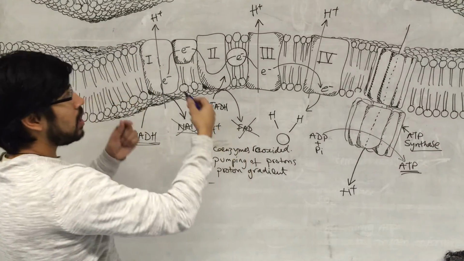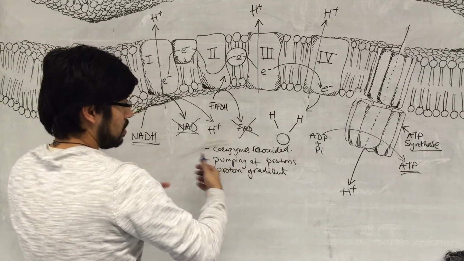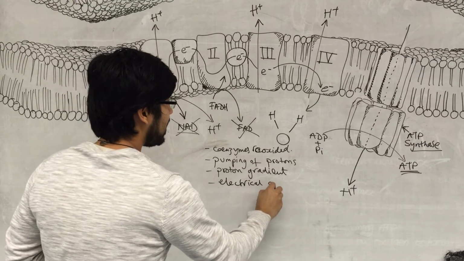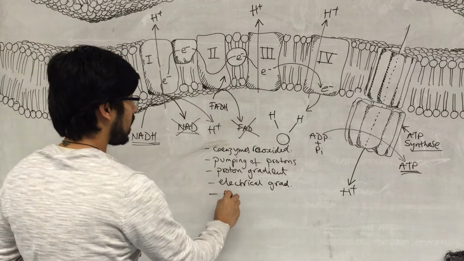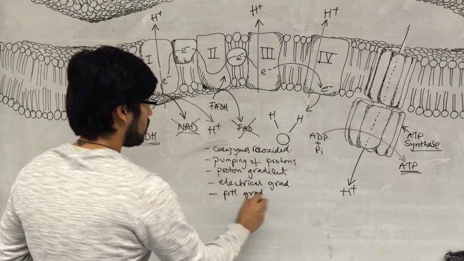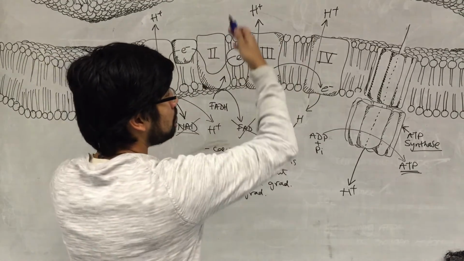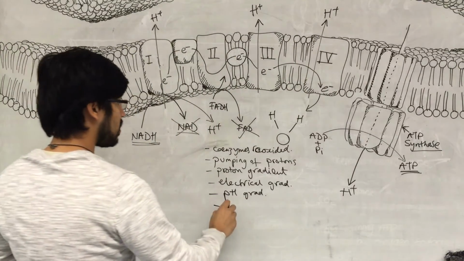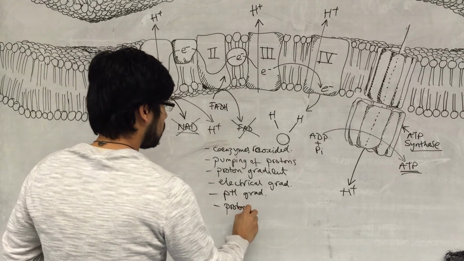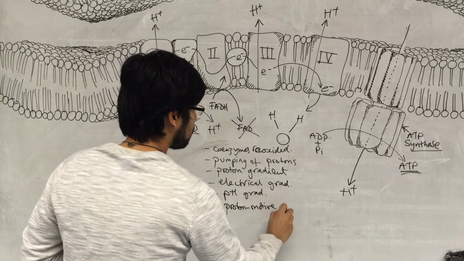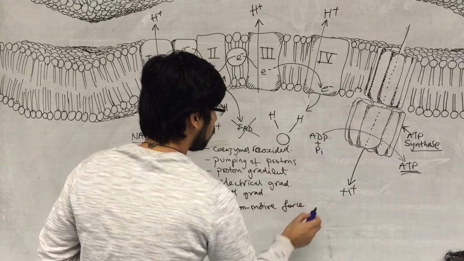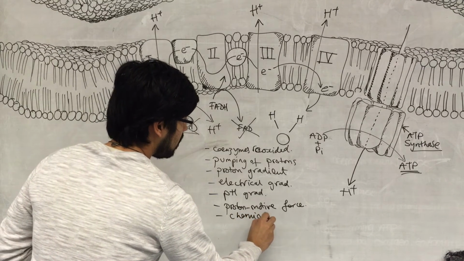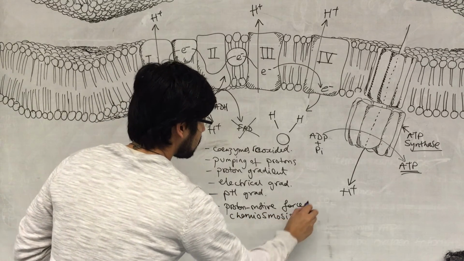Proton gradient, we mentioned that the proton gradient is actually both an electrical gradient as well as a pH gradient, and that the movement of the protons down that proton gradient is known as a proton motive force, or chemiosmosis.